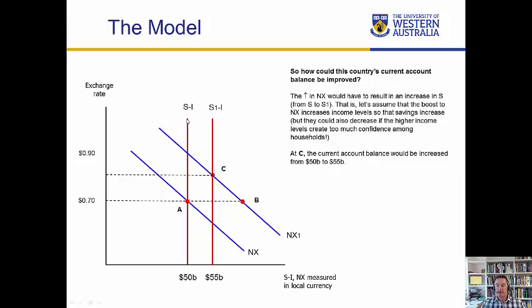And then we could have the case where the S minus I line actually shifts to the left, in which case a surge in exports would actually lead to a worsening of the current account balance, not an improvement in it. So hopefully from this you're slowly getting the sense that the value of a country's current account balance is determined to a large extent by its savings minus investment performance.